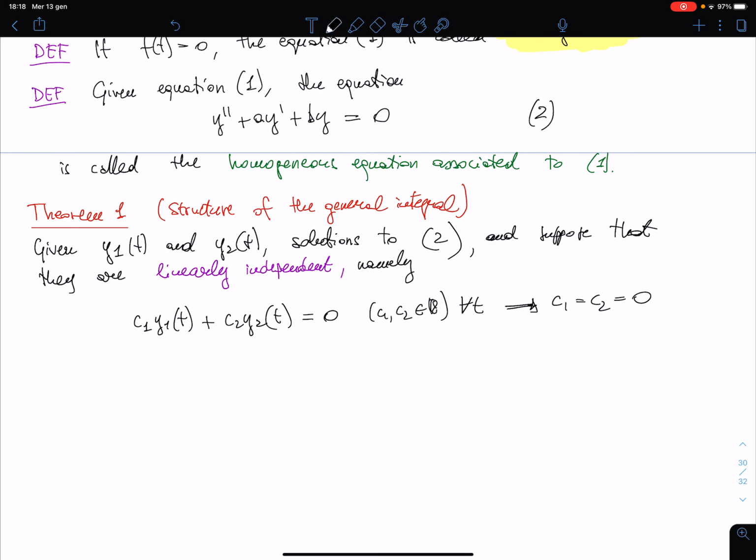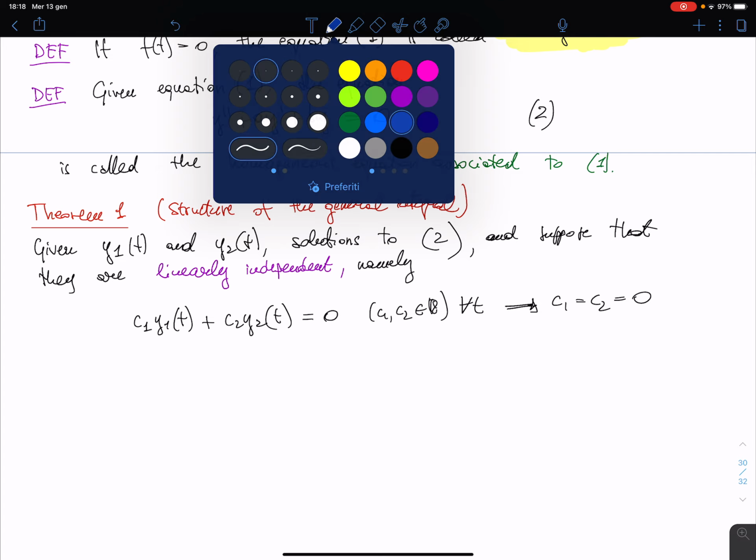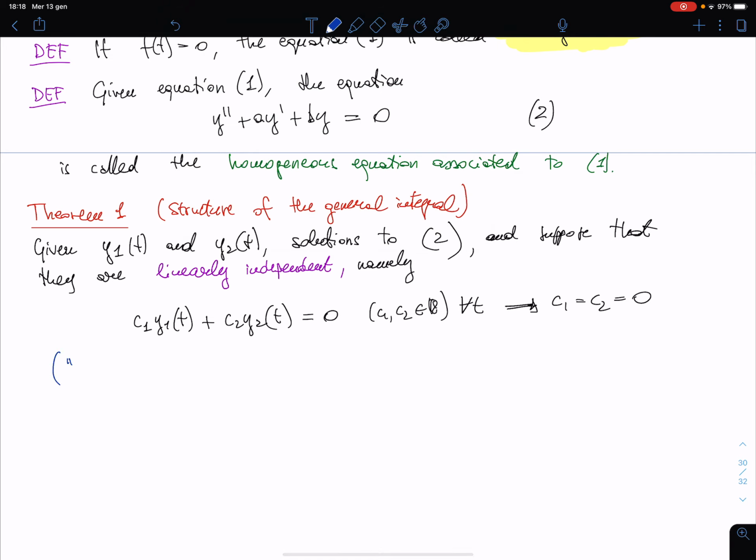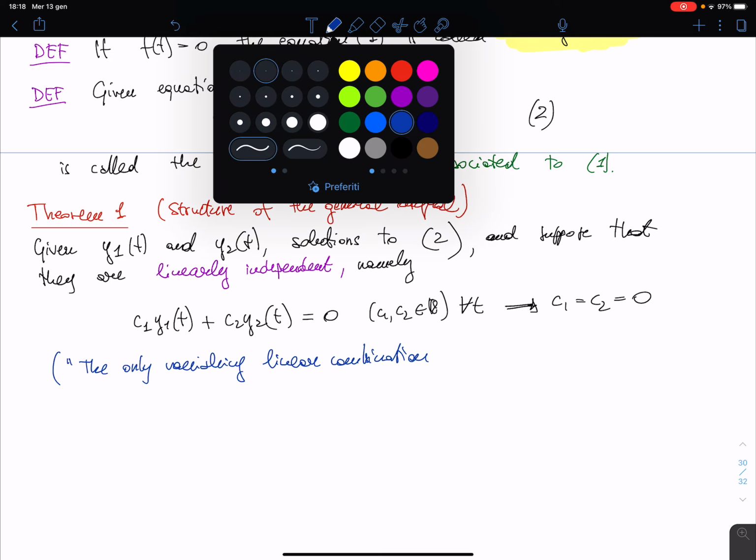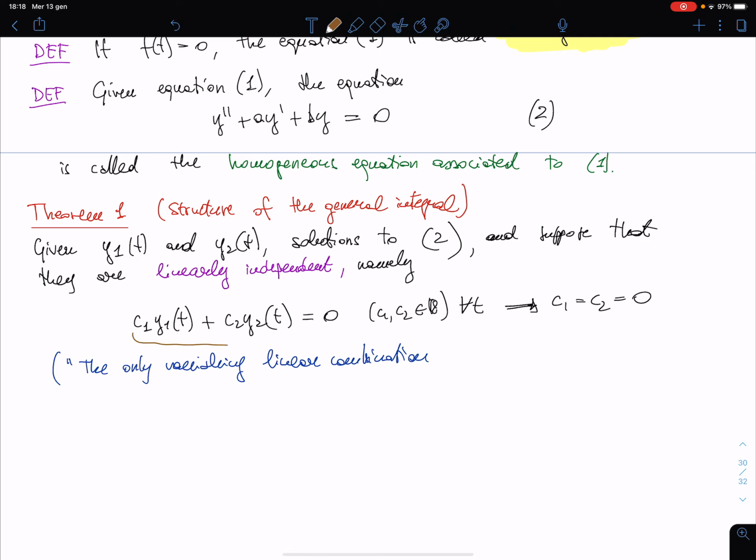And let me give you a statement. The only vanishing linear combination of y1 and y2 is exactly this, the trivial one.